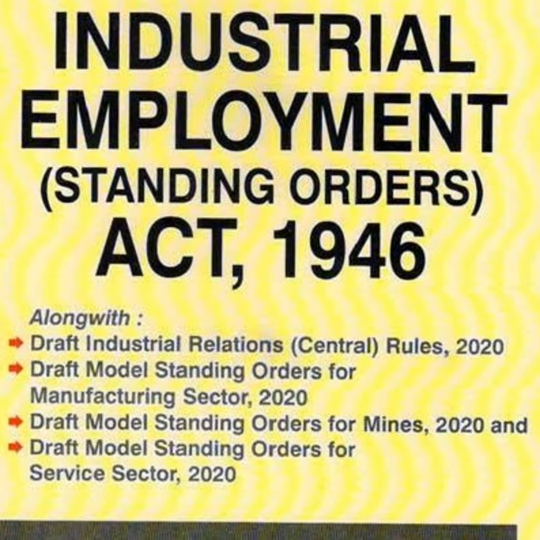The next we have is standing order. Standing orders means rules relating to the following matters set out in the schedule of the Act. The Act is the Industrial Employment Standing Orders Act of 1946.